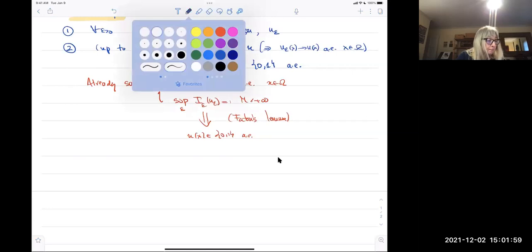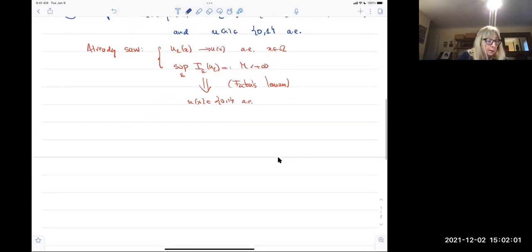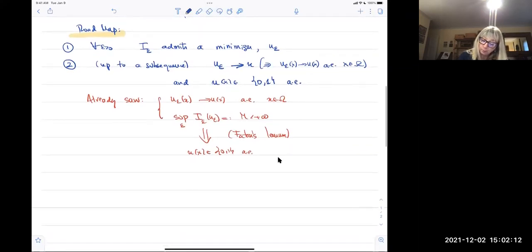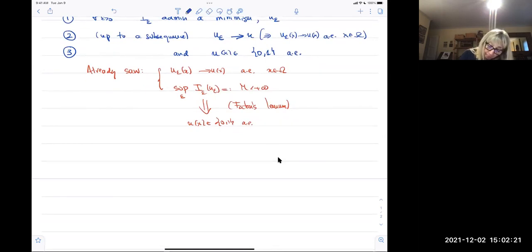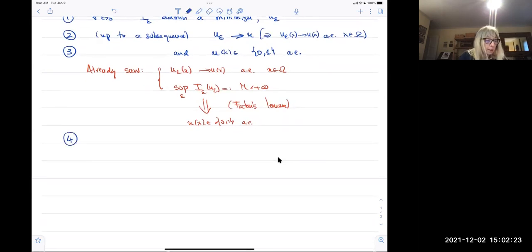Then the third, okay, so this was actually what I'd like to call 3. So 3 is done. And then 4, we need to characterize what this u is.